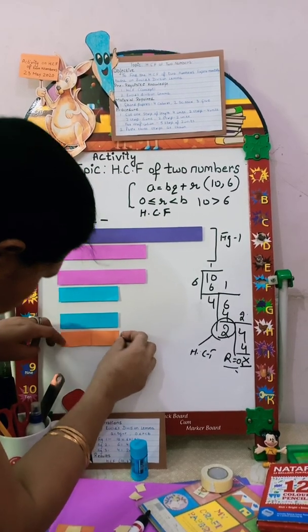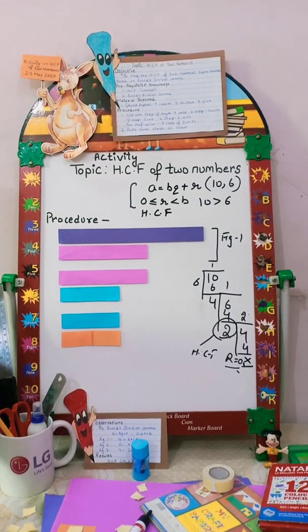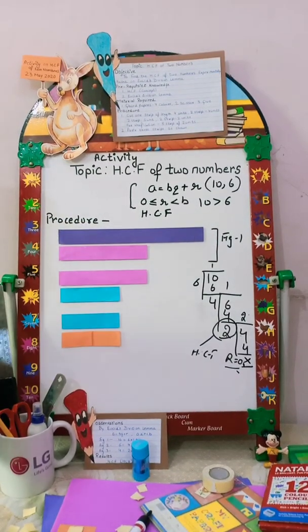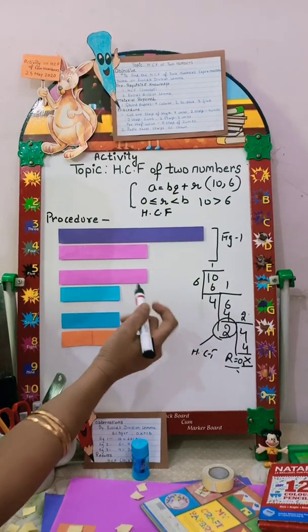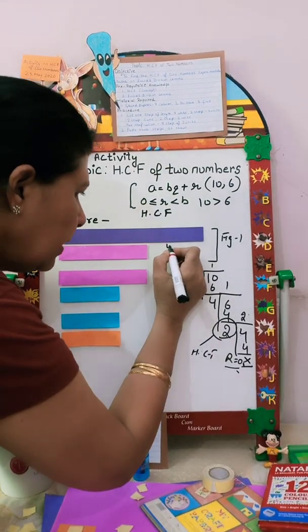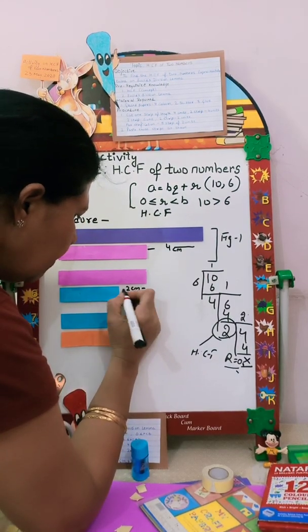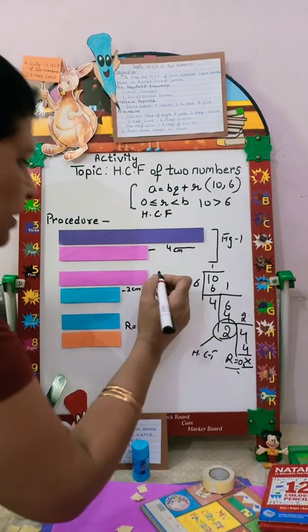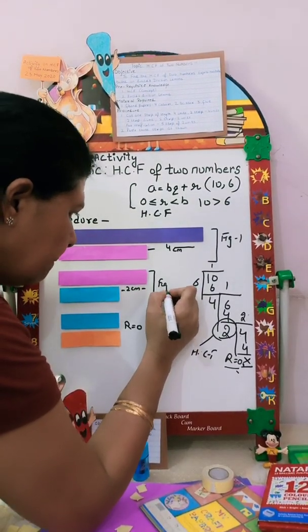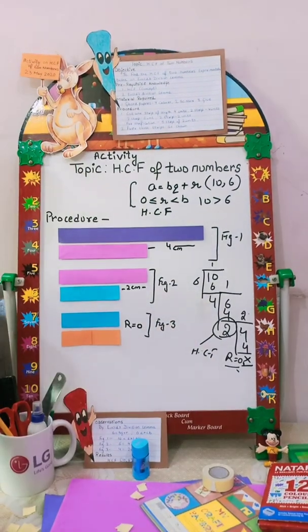Now I am not left with any part, so our procedure stops. In the first part we are left with 4 centimeters, in the second part 2 centimeters, and in the third part 0. Our remainder is 0. This is figure number 2 and this is figure number 3.